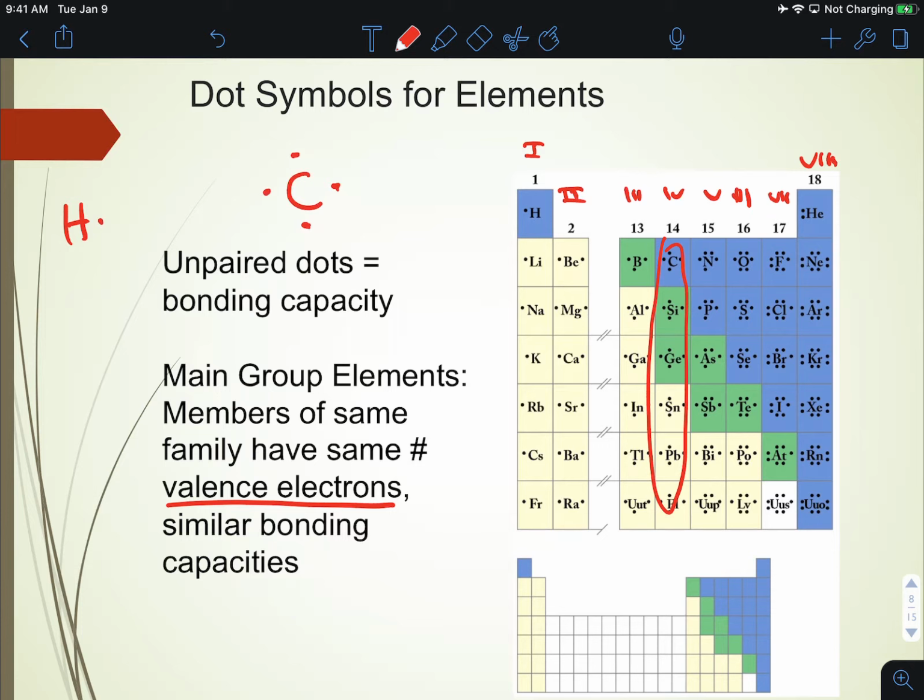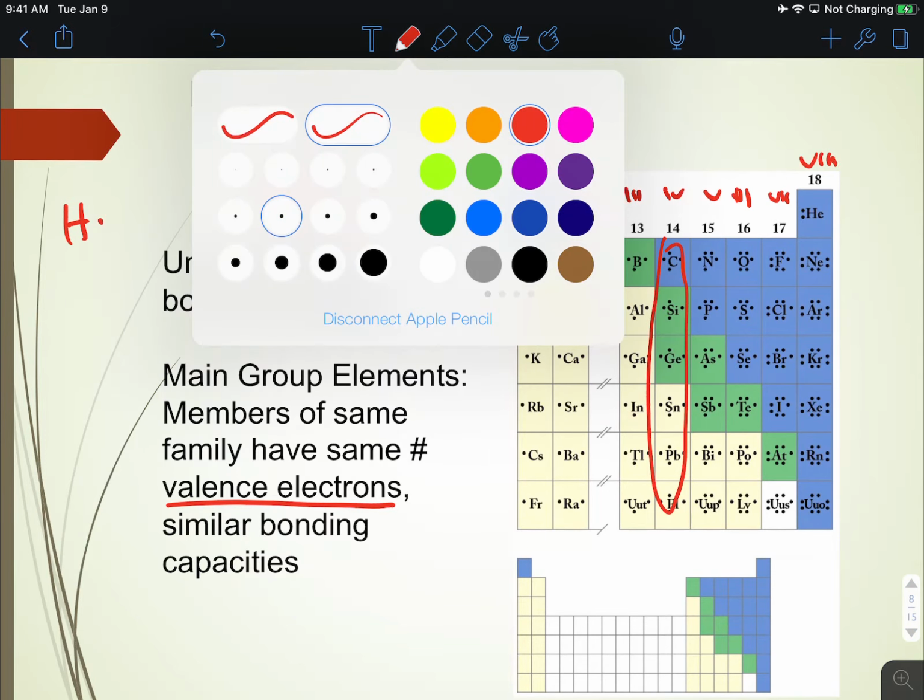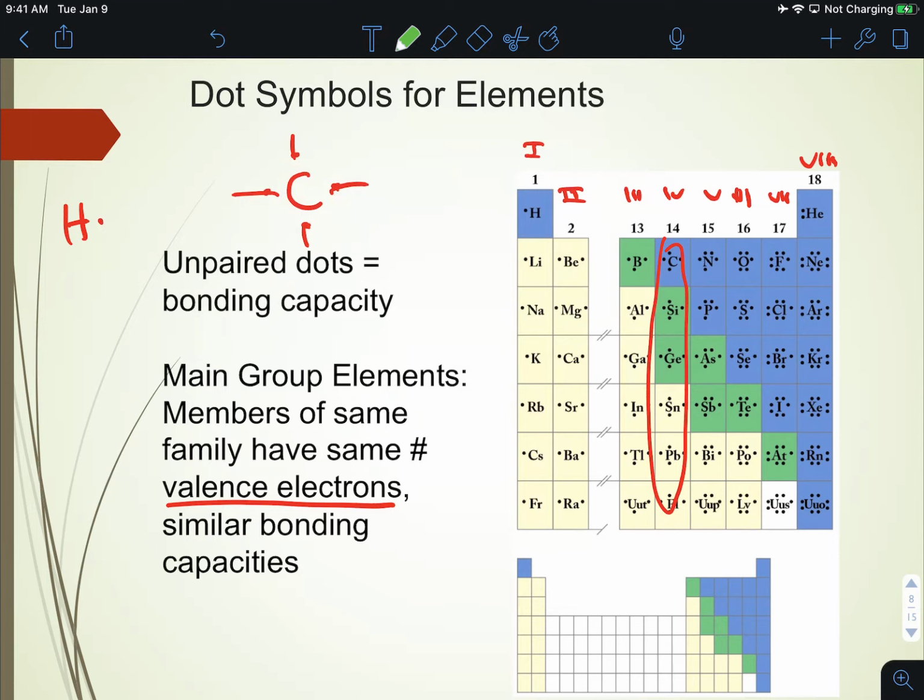So, of course, carbon can bond to something here, here, here, and here. The group number is the number of valence electrons, and the single dots are an indication of the bonding capacity. Something like nitrogen would only be able to form 3 bonds. And these are generalizations, as always. There are always exceptions to these things. Everything we do in this class is really a generalization.